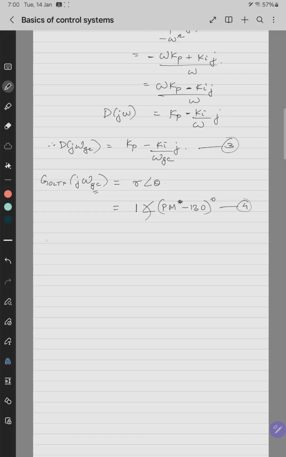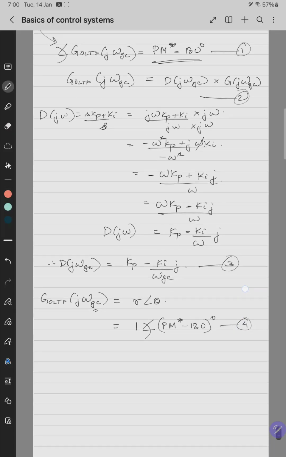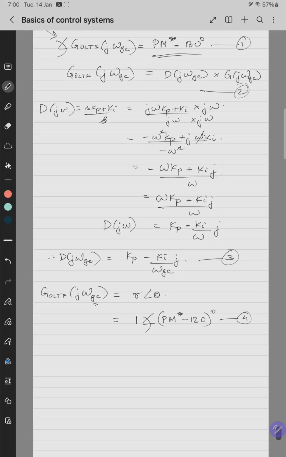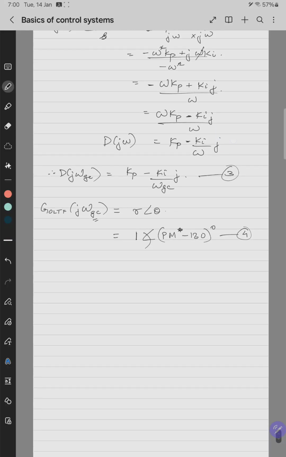Then what is 3, 4. So for a generic plant, G of j omega gc is what? Mod of G at j omega gc and angle of G at j omega gc.